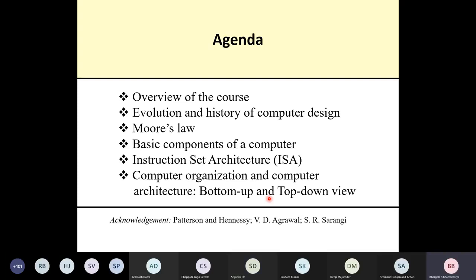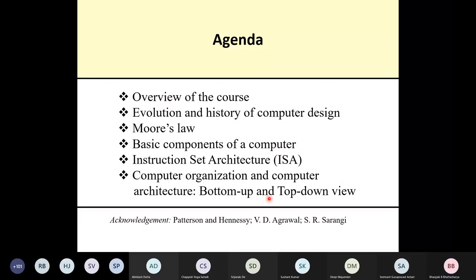Computer organization, maybe organization deals with the organization of software components, and architecture maybe deals with the hardware components. Not exactly software and hardware. So let us just concentrate on the machine itself.